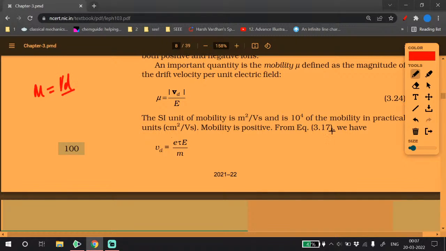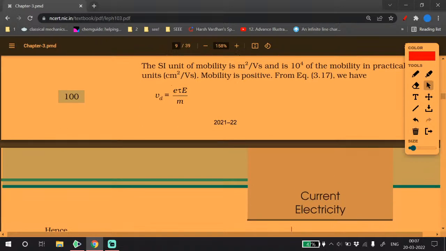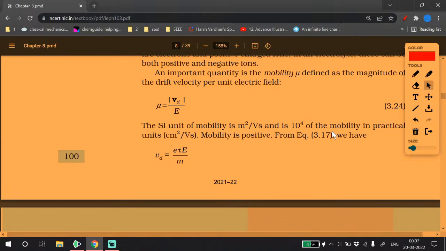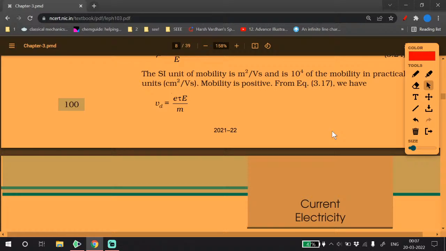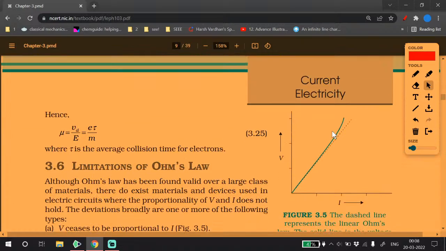Mu is Vd by E, and we already know that the magnitude of Vd is E tau by m, so substituting, mu is e tau by m. The practical unit is cm square per volt second.